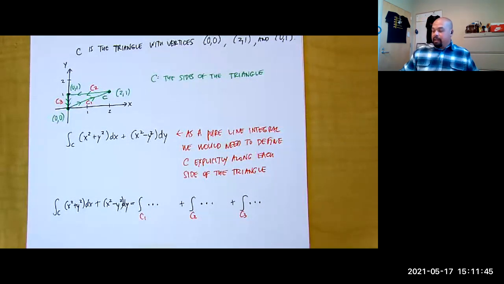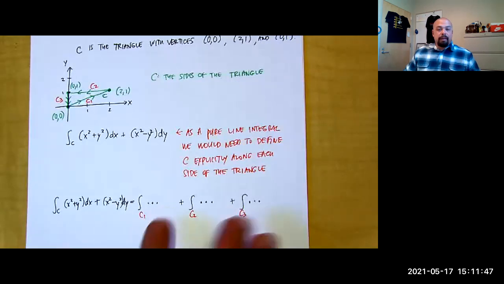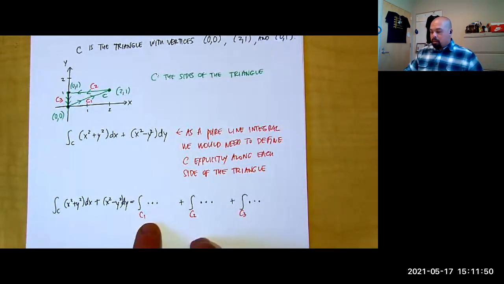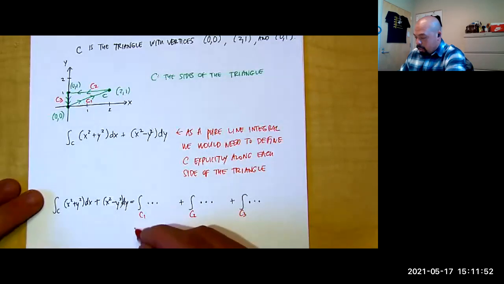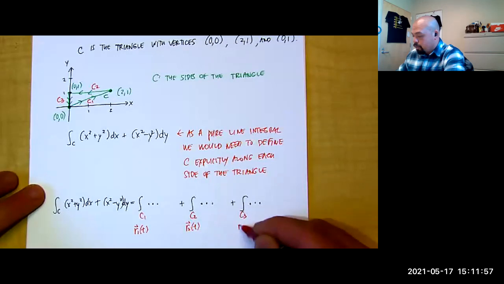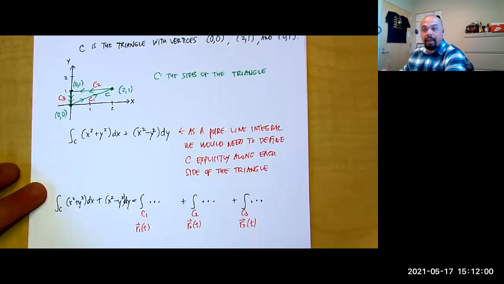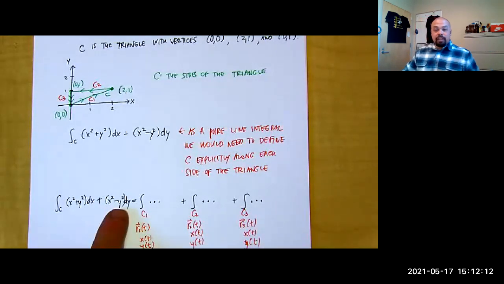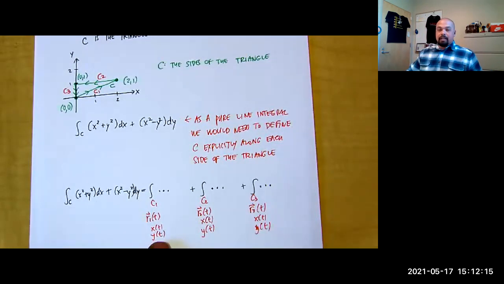The expression, the function that we're evaluating, is the same, but we're going to think about then our parameterization, right? For r1, what does that look like? For r2, what does that look like? r3, what does that look like? And then x of t, y of t, for each of those, thinking about how we're going to rewrite these functions in terms of x and y of t, getting those integrating factors, the dx, in terms of dt's, right?